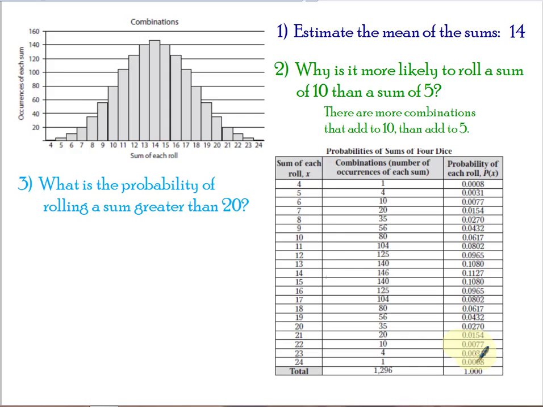When I add those 4 probabilities together, I get a probability of 0.0270 or 0.027. We're going to write our probabilities today as decimals, but be very aware that that means 2.7%.